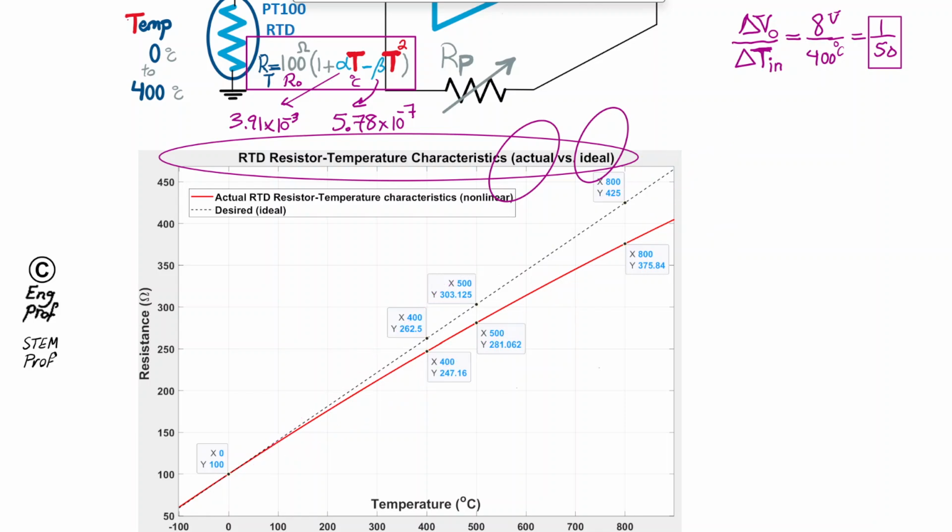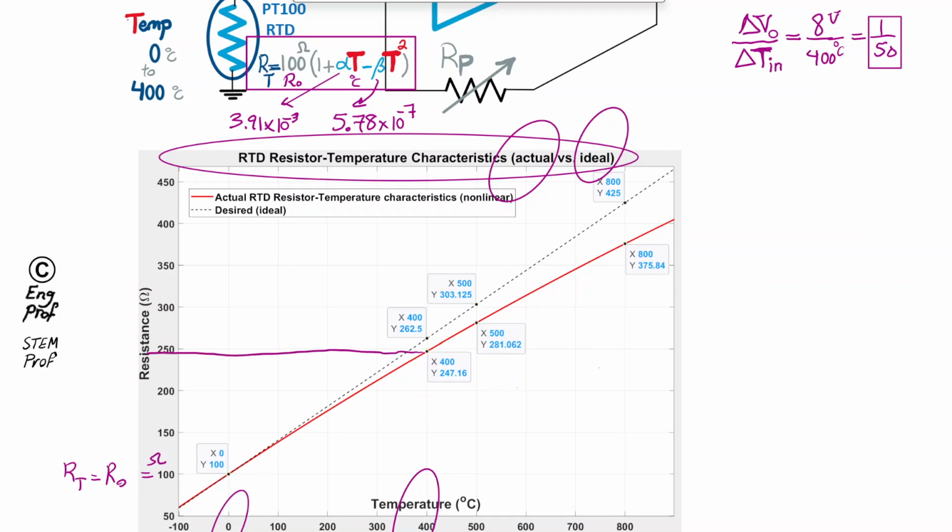For example, at 0 degrees C at the input of the RTD, we have 100 ohms measured, which means RT or R0 is simply 100 ohms. Now, at 400 degrees C measured by the RTD, what we ideally expect linearly is 262 ohms, but we are seeing 247. So unfortunately, that means there is an error here.